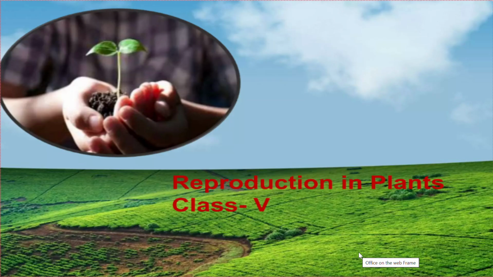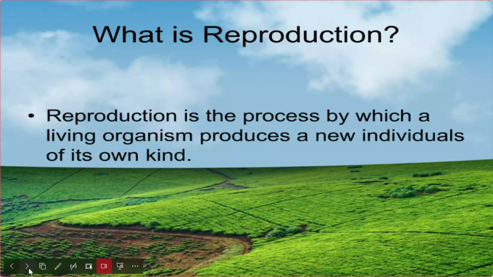Today in this vlog we will learn about the chapter Reproduction in Plants for class 5. So friends, what do you mean by reproduction? Does anyone know? I think none of us know.